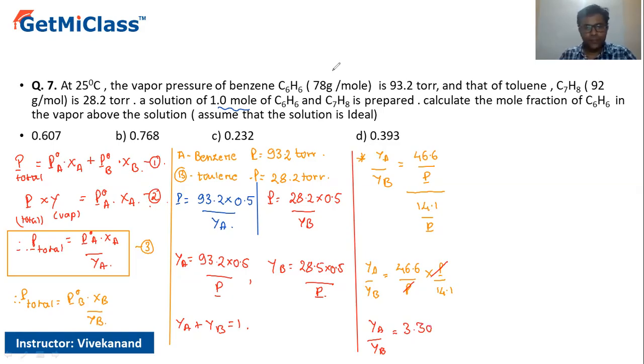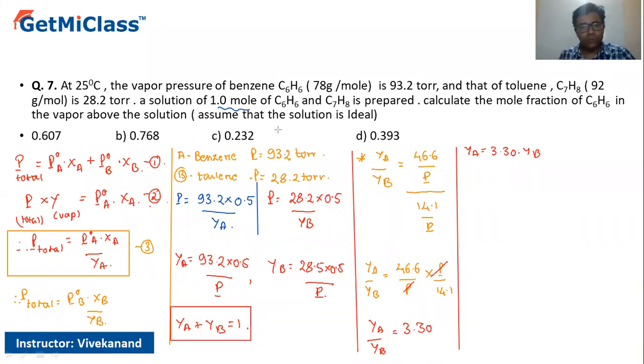So that means YA is equal to 3.30 times YB. We already have one expression saying that YA plus YB is equal to 1.